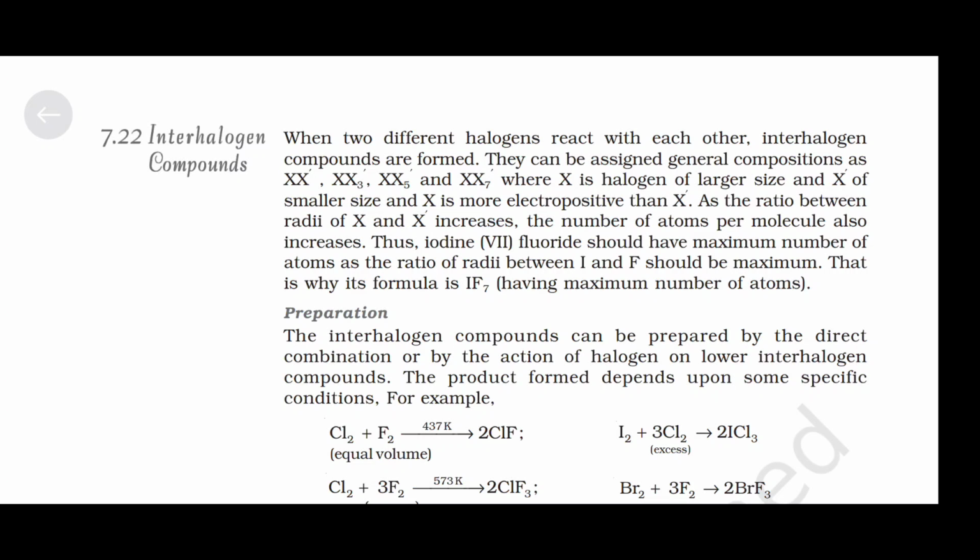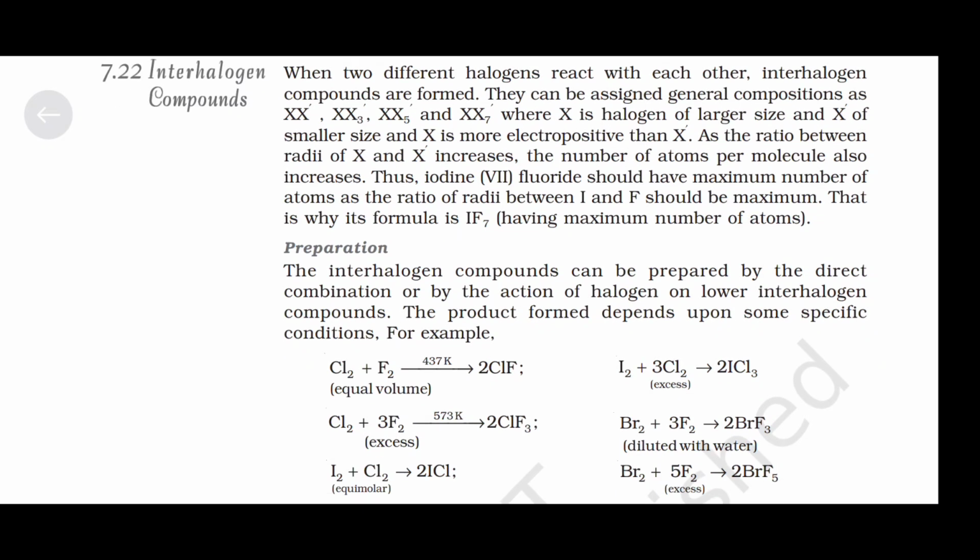As the ratio between radii of X and X' increases, the number of atoms per molecule also increases. Thus, iodine heptafluoride should have the maximum number of atoms, as the ratio of radii between iodine and fluorine should be maximum. That is why its formula is IF7.